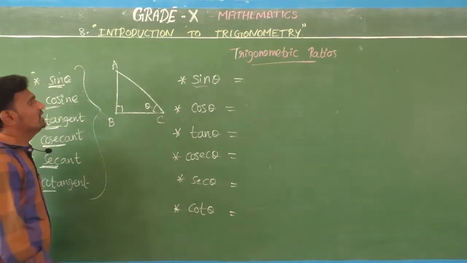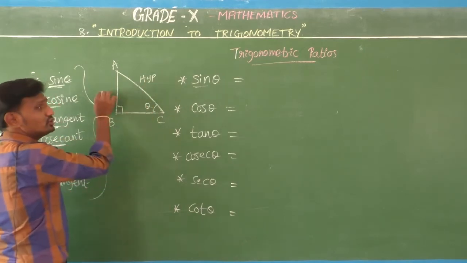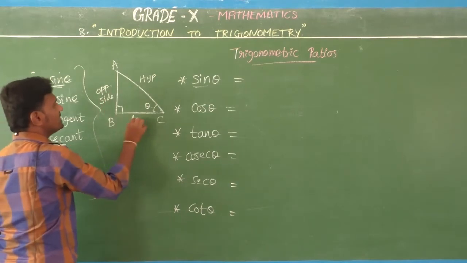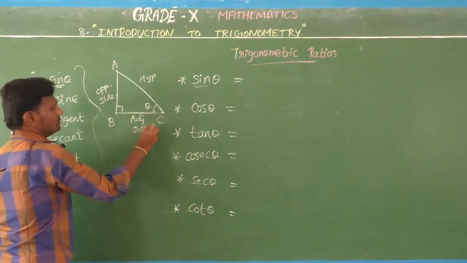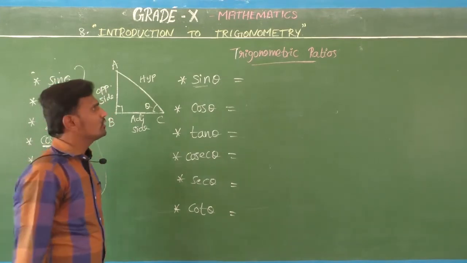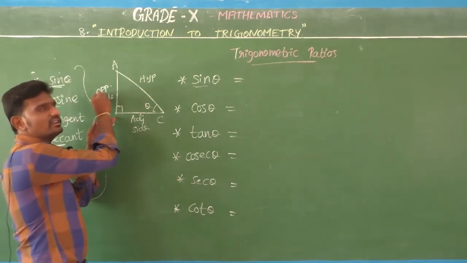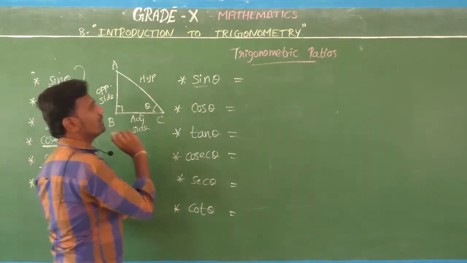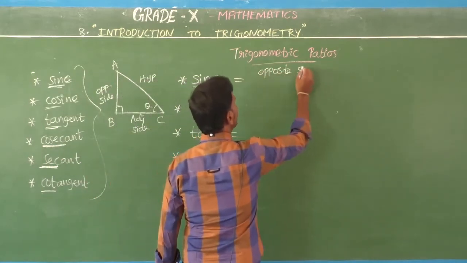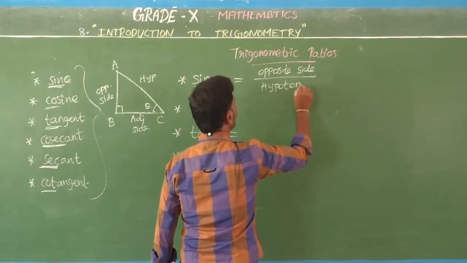Yes, students. I already explained this. This is your hypotenuse, opposite to the angle is the opposite side, and the remaining side is the adjacent side. Now I am going to give you the trigonometric ratios. The first one, sin theta, is the side opposite to angle theta divided by hypotenuse.